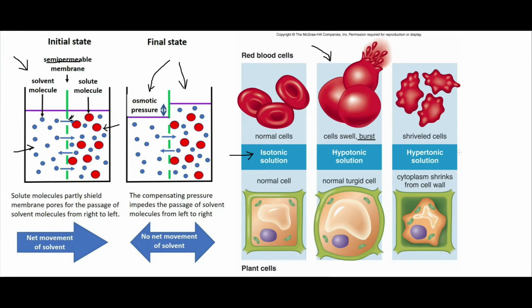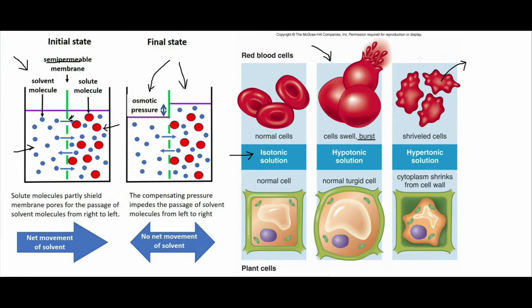And if you have too much salt, like in your veins, these are red blood cells in this example, you have what's called a hypertonic solution, and then the water will actually leach out of the cells, and that will cause the cells to shrivel.